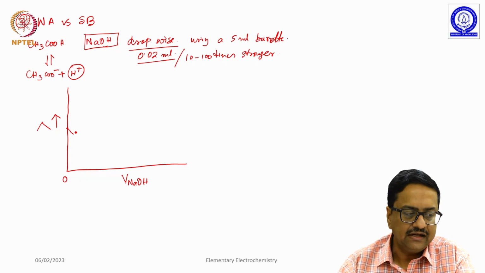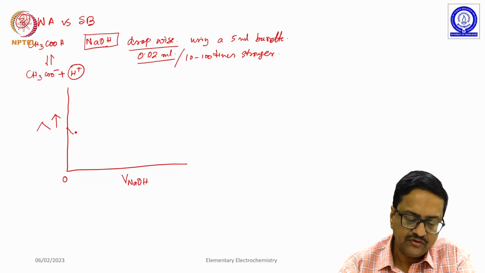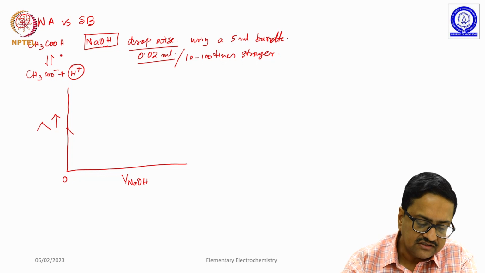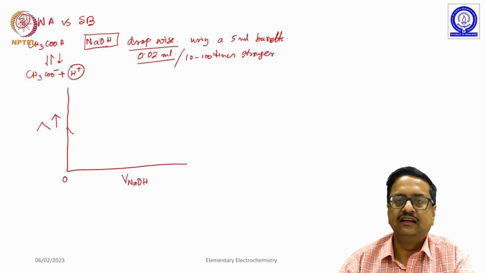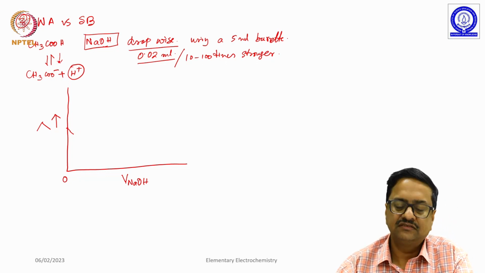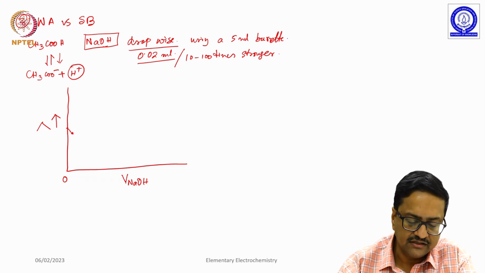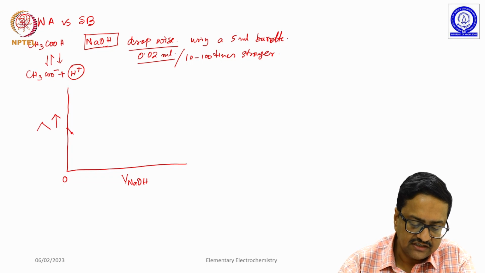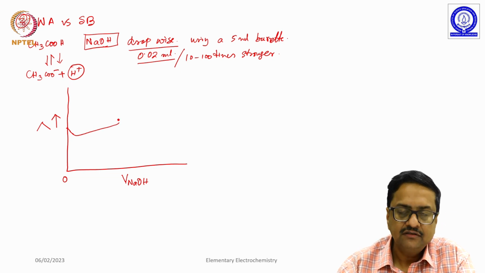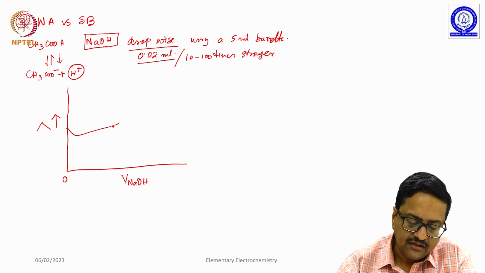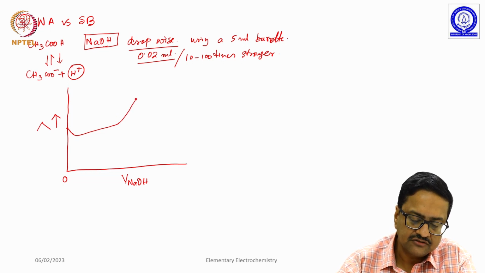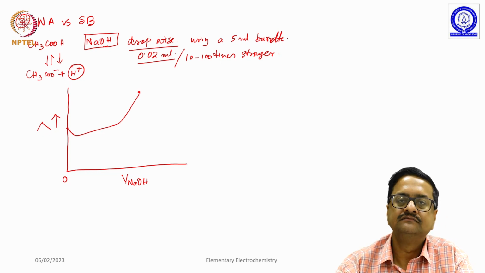But then, after addition of every drop, when we try to equilibrate, this dissociation becomes more facile and more H plus ions are generated, hence the conductance will start increasing. So after this initial drop, the conductance of the solution will slowly increase, and near the equivalence point, it will deviate from linearity, and beyond the equivalence point it will continuously increase.